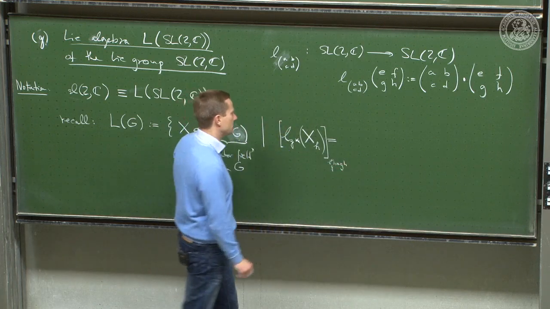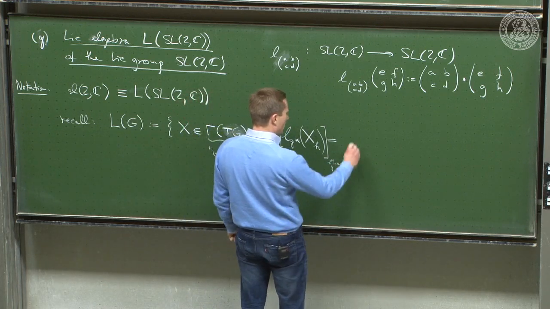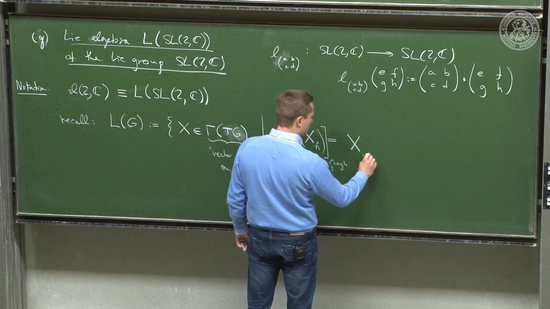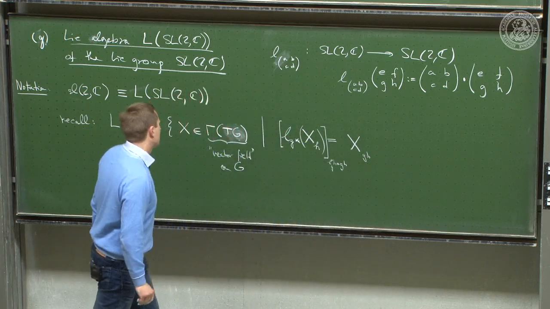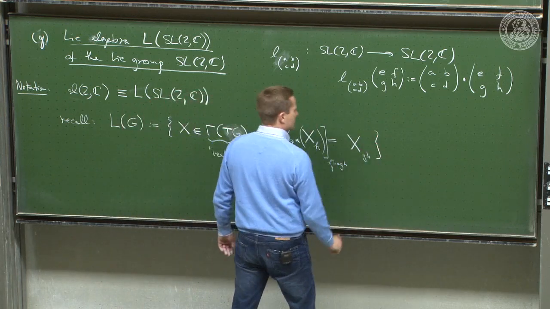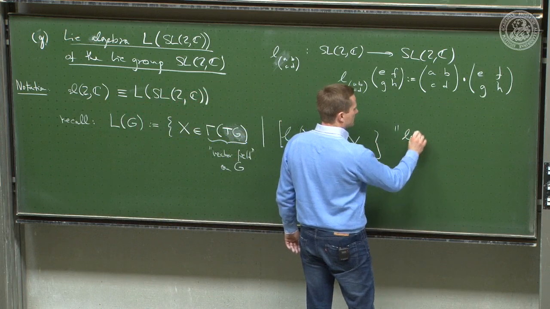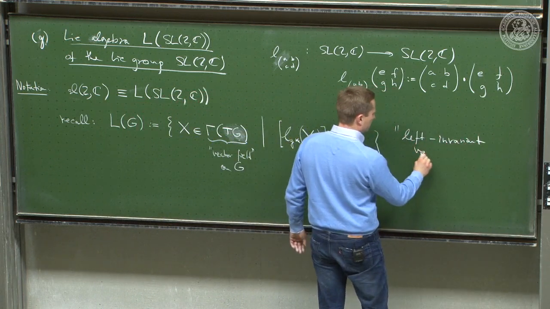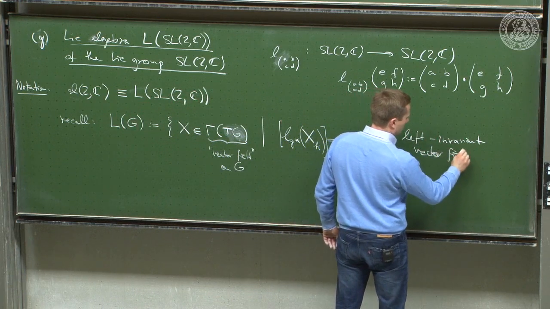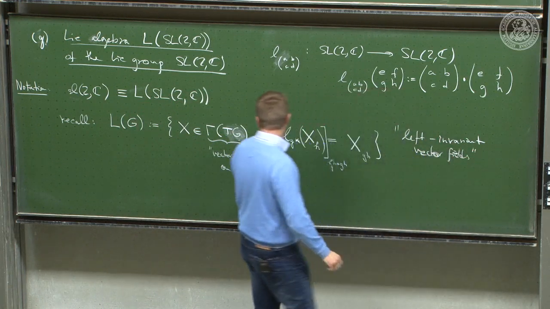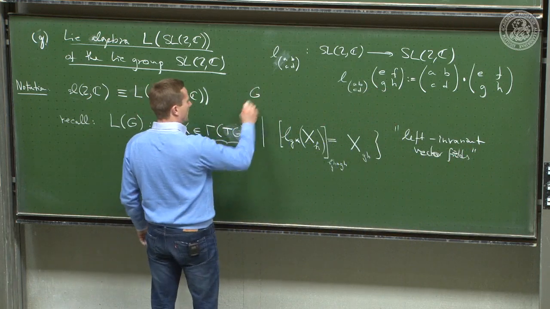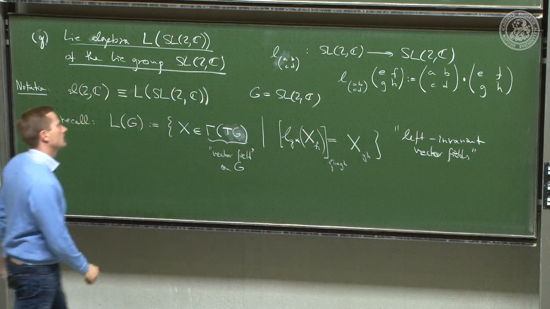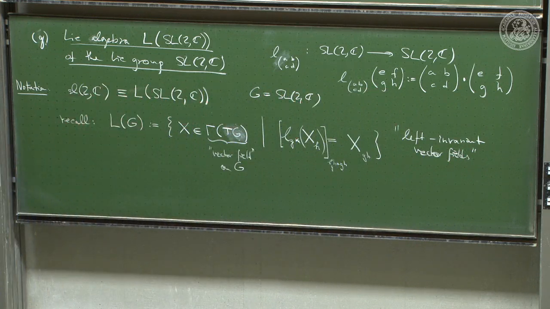It's the group operation in between here. And you can require that this is what the vector field at that point already was, X at gh, and that's the set of left invariant vector fields. And obviously wherever I wrote G, this is in our case SL2C. That was the definition of this Lie algebra.